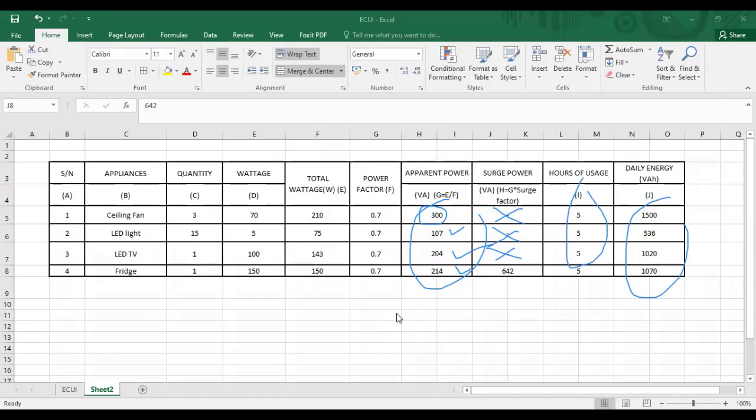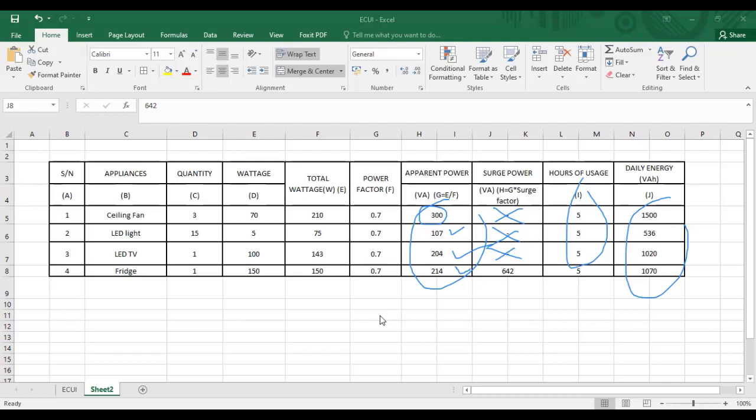If the DISCO tells you that the power factor agreed upon for industry is 0.8, and you are using a power factor of 0.7, these things can be measured with devices. You are going to be charged for going below the agreed power factor by the distribution company. So that maximum demand charge will be put on you.